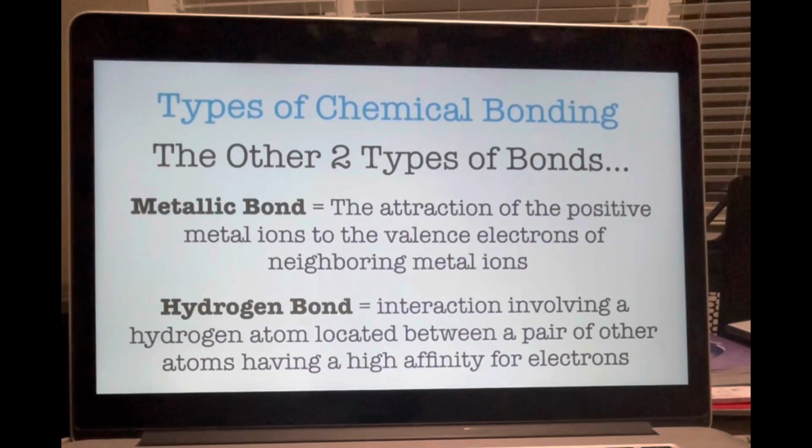The second type of bond involves polar molecules. Remember, polar compounds such as water are molecules that have a partial negative charge on one side and a partial positive charge on the other side of each molecule. And because of the partial charges, one water molecule is attracted to 4 other water molecules.